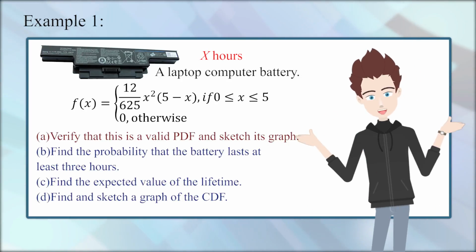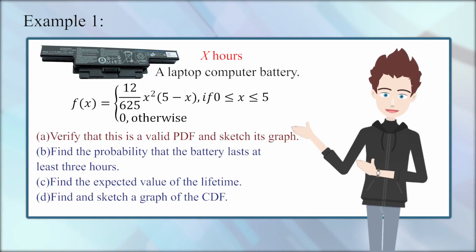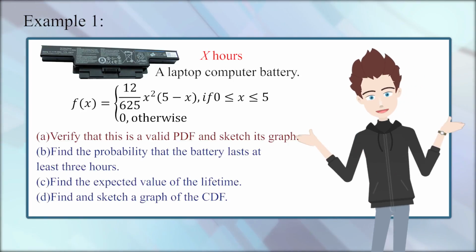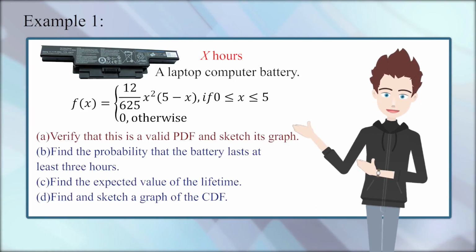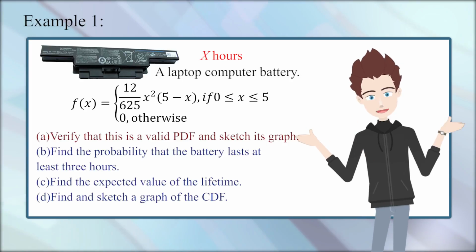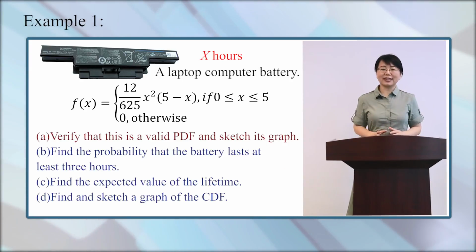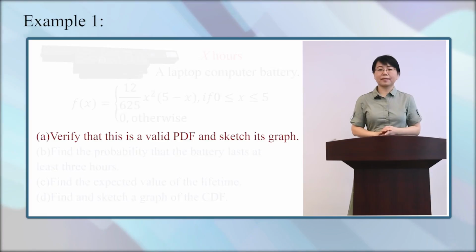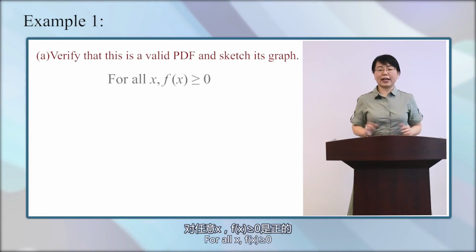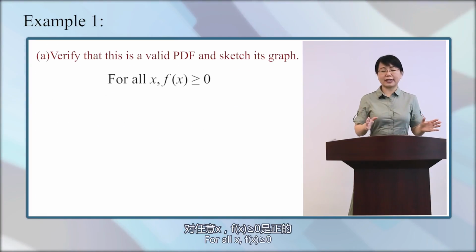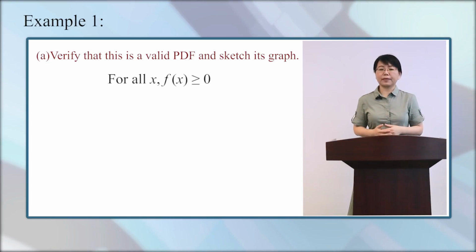In order to verify it is a valid PDF, we need to prove that the probability on the total interval is 1. Very good. Now let's solve it together. The first problem. For all x, f(x) is greater than or equal to 0.